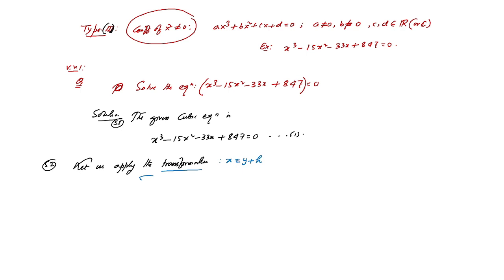Why x equals to y plus h? Because we are trying to remove the coefficient of x square. That means we are trying to vanish the coefficient of x square in the given equation, and we make it type 1. We try to reduce it to type 1. So x equals to y plus h, in order to remove the second degree term.